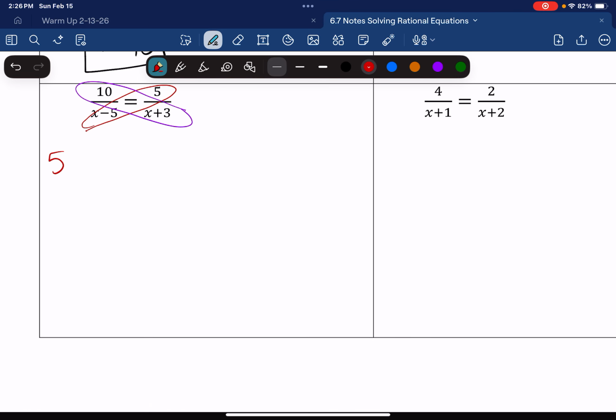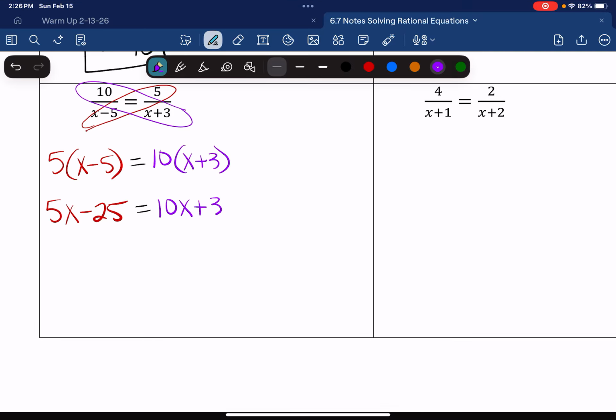We have 5 times x minus 5, and that should equal 10 times x plus 3. So I'm going to go ahead and distribute, and we get 5 times x, which is 5x. And then 5 times minus 5 gives us minus 25. And that should equal 10x plus 30.